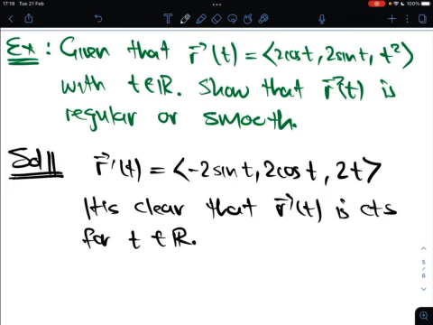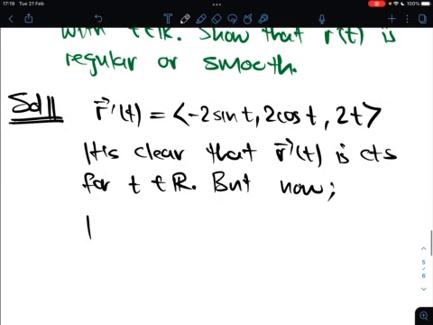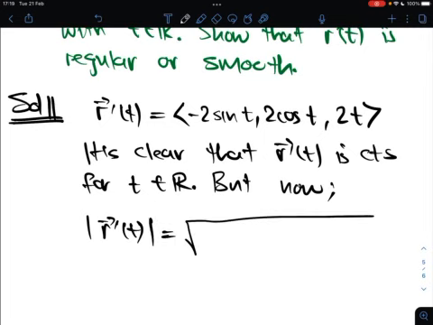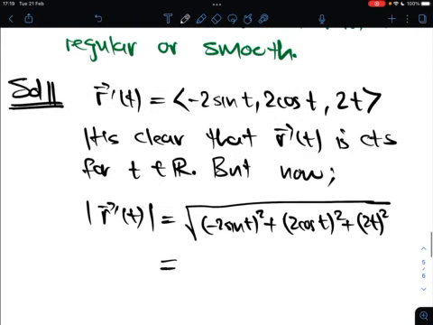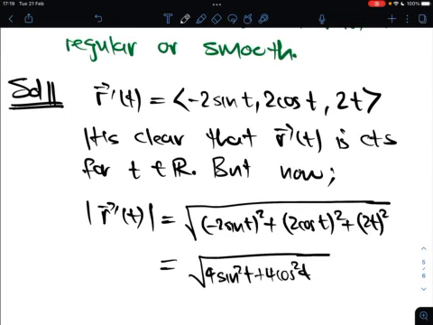But now let's calculate the modulus of this thing, or the size or the magnitude of this derivative function. You will see that the magnitude of this derivative function will be the root of negative 2 sine t squared plus 2 cos t squared plus 2t squared. Now let's simplify this and see what happens. We get the root of 4 sine squared t plus 4 cos squared t plus 4t squared.